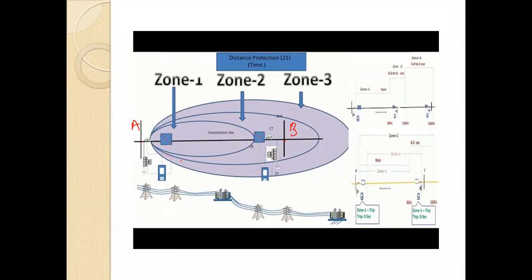But only 80% reach is set here: out of the 100% distance, only 80% of the line is protected. That is zone 1.